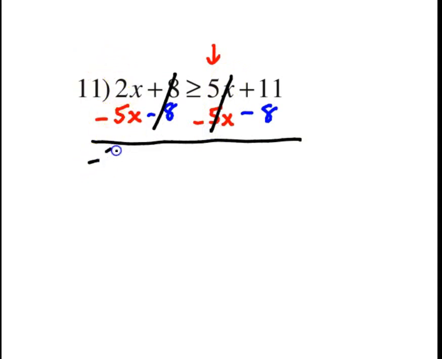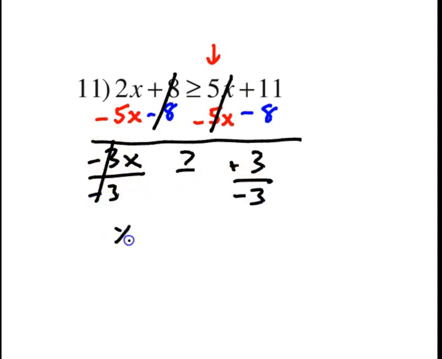So we have negative 3x and positive 3. There we go. So negative 3 times what is positive 3? So divide both sides by the negative 3 equals 1. Divided by negative, flip the sign. And 3 divided by negative 3 is negative 1.